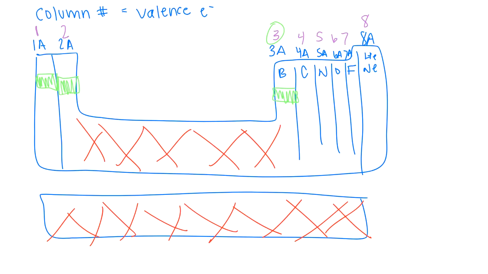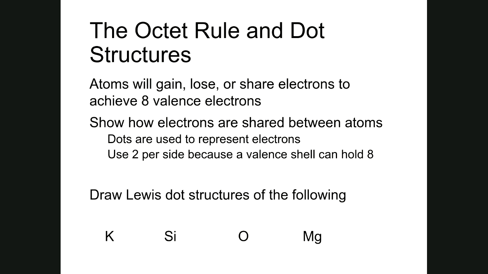So let's go back to our PowerPoint and take a look at these examples. We have potassium, silicon, oxygen, and magnesium. Our first step is to see what column these elements fall into. So look for K on your periodic table.